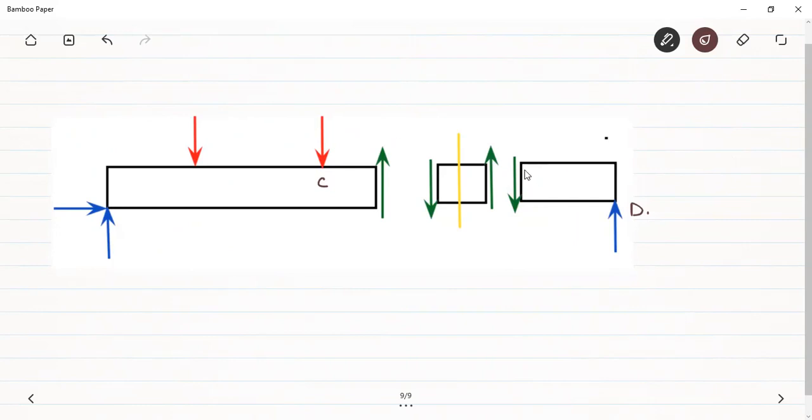No, okay. So take the right hand side, this is upwards, this has to be downwards, and this part of the beam is in contact with this element, then the shear force will be upwards, this will be upwards. And for this element to be in equilibrium, the shear force has to be downwards here and it will be upwards here. Fine.